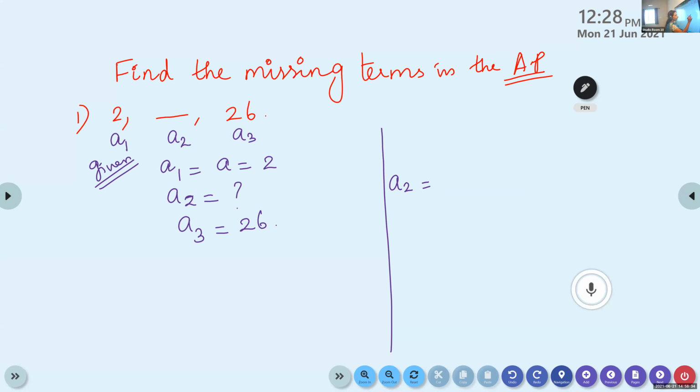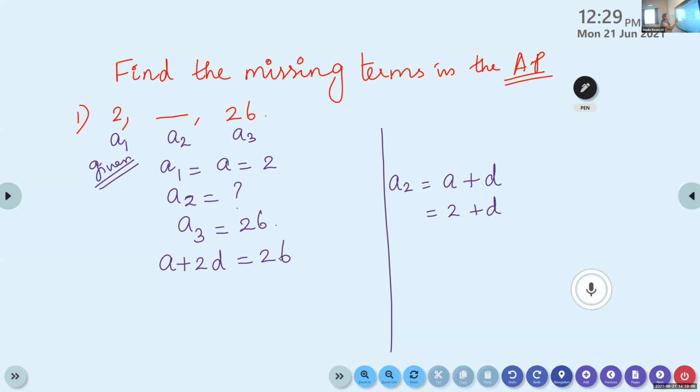What is A2? By definition, it is A plus D. Second term is first term plus common difference. First term A is given as 2, so 2 plus D. But we don't know D. So once again, you start with A3. A3 is A plus 2D, which is 26.